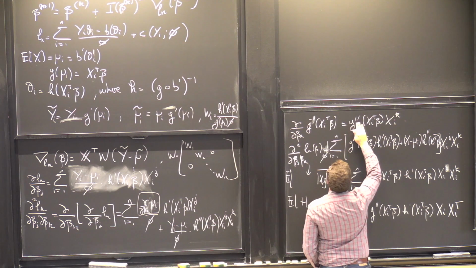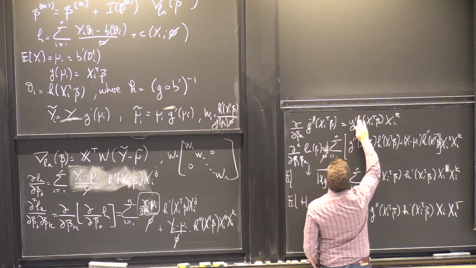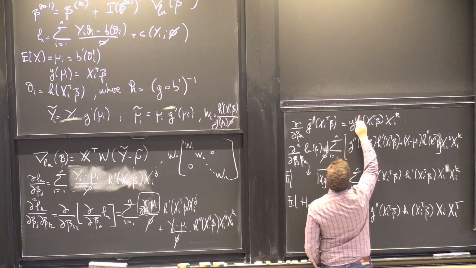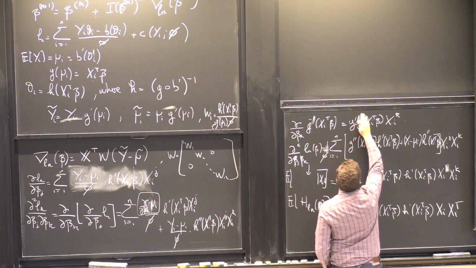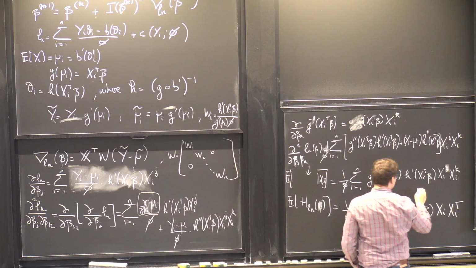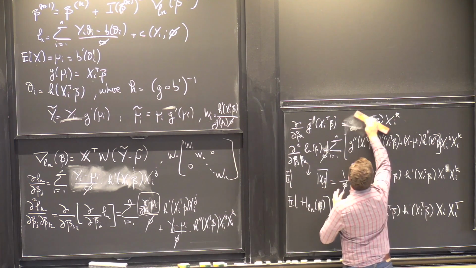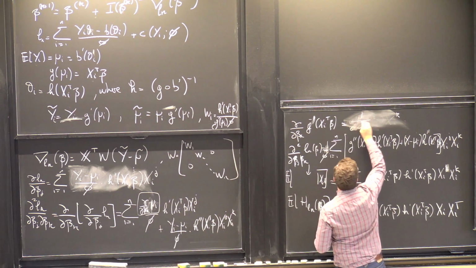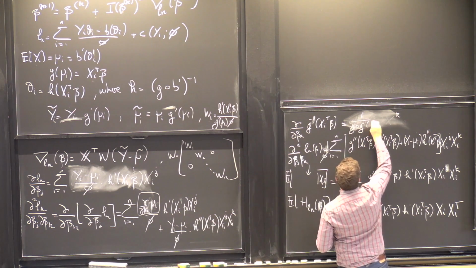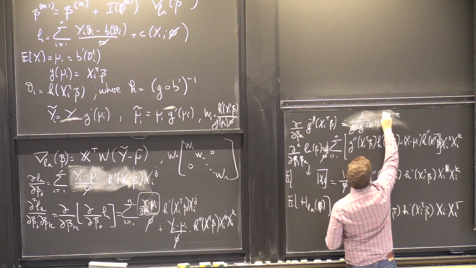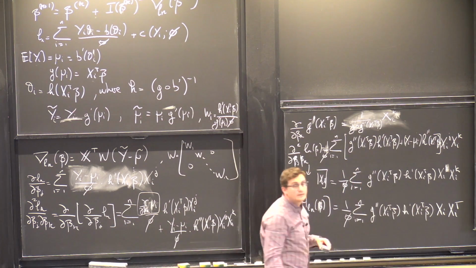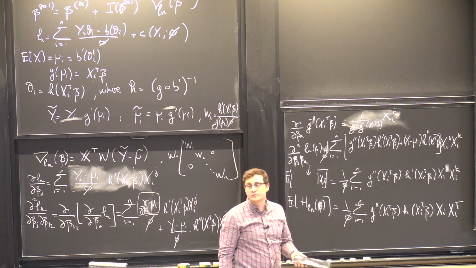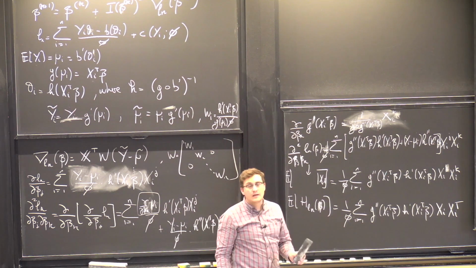It's 1 over this, right? Yeah. The derivative of g inverse is 1 over g prime of g inverse. I need you guys, okay?